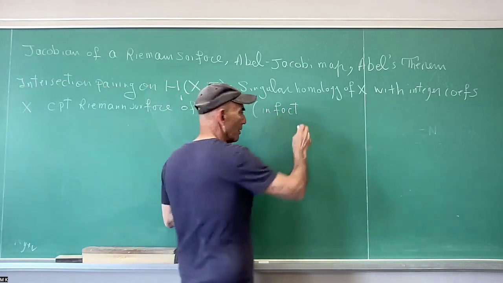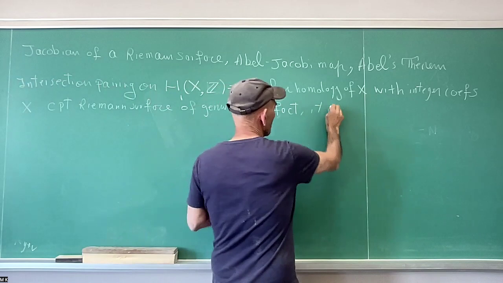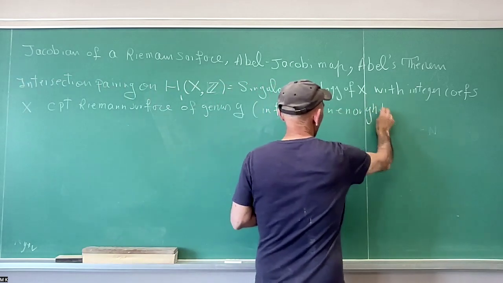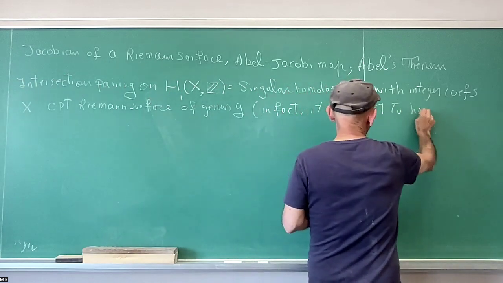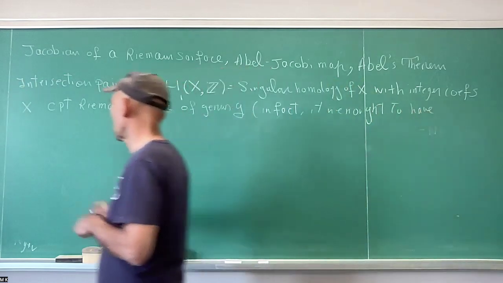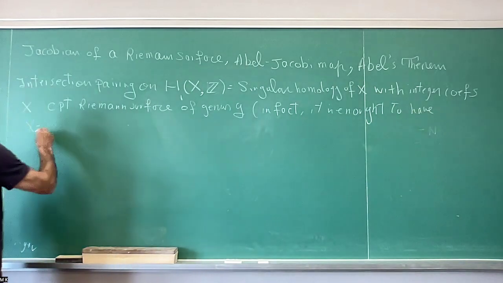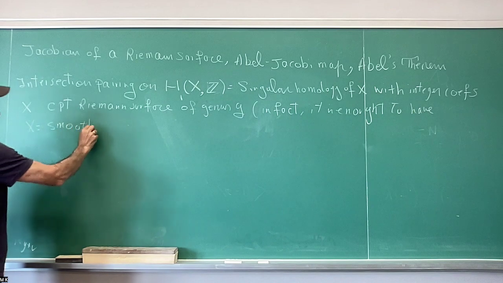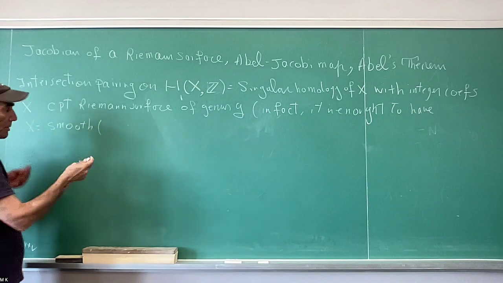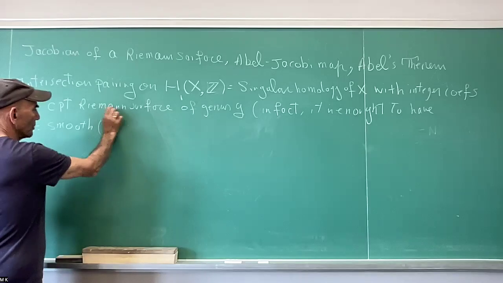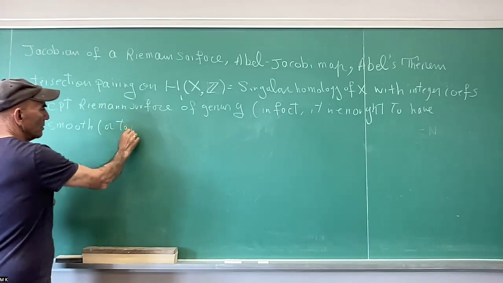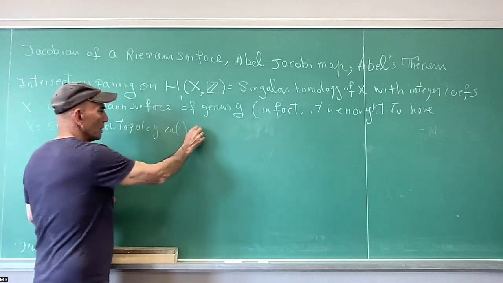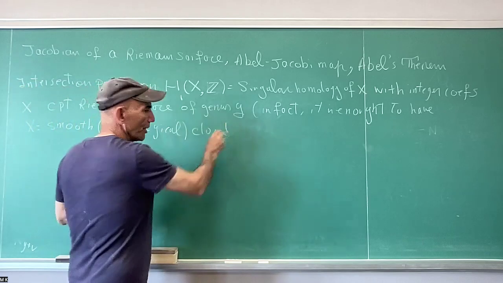So, in fact, for what I'm going to do now, it is enough to have X a smooth, in fact even topological (smooth is the same as topological in 2 dimensions), closed oriented surface.